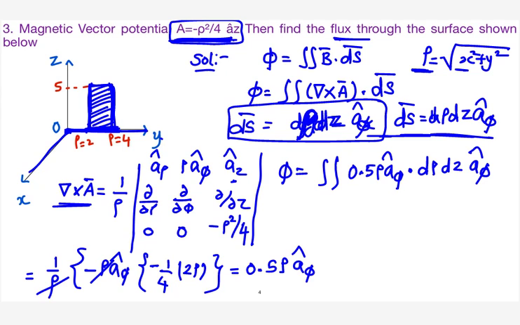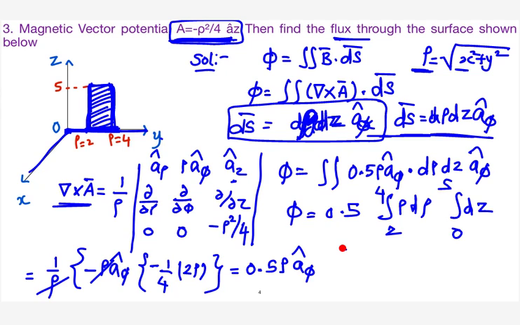So a phi dot a phi is 1. You can ignore that. So 0.5 into the integration of rho d rho from 2 to 4 and the integration of dz from 0 to 5. You can see here rho varies from 2 to 4 and z varies from 0 to 5. So what is the value you are getting, and tell me the answers here. So rho square by 2, and this is 16 minus 4, 12.